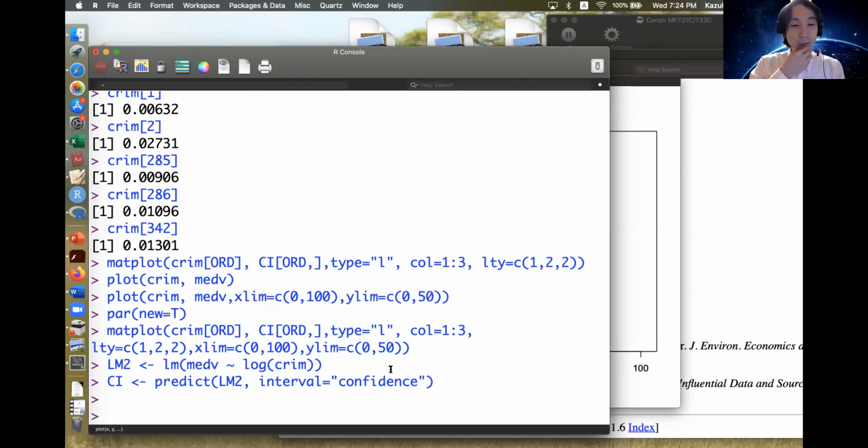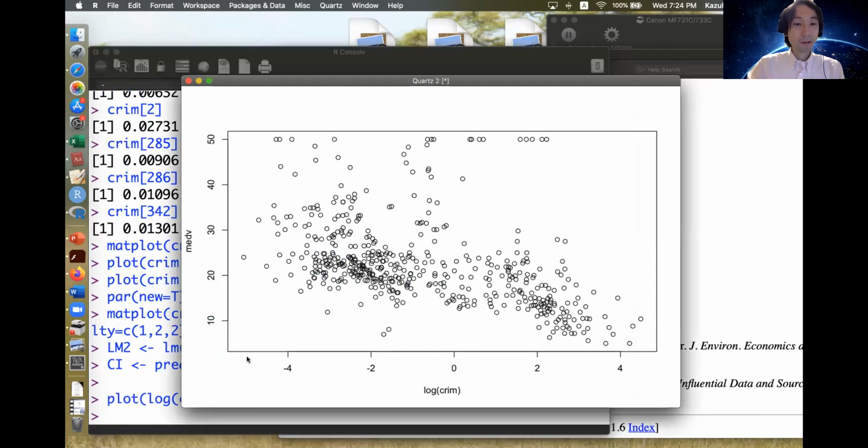So okay, so maybe let me see. Yeah, so plot of log of crime rate. So this ranges from maybe -5 to 5.